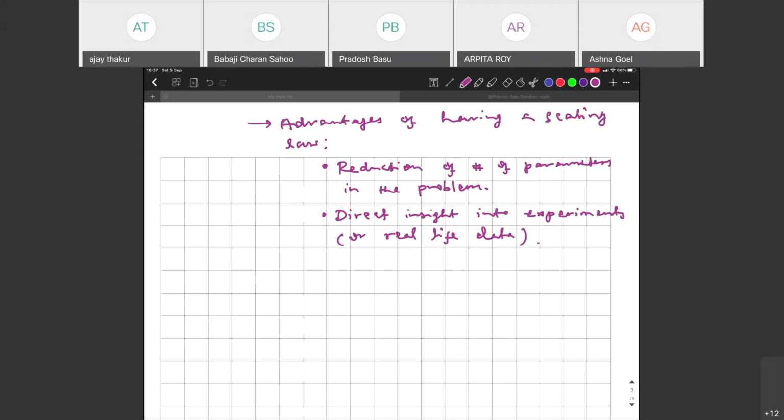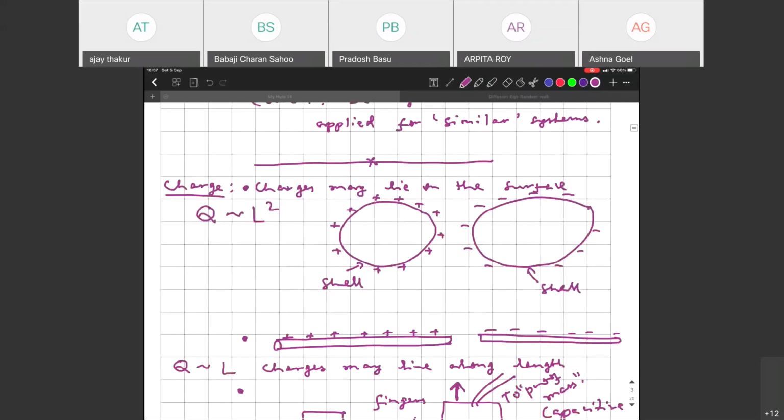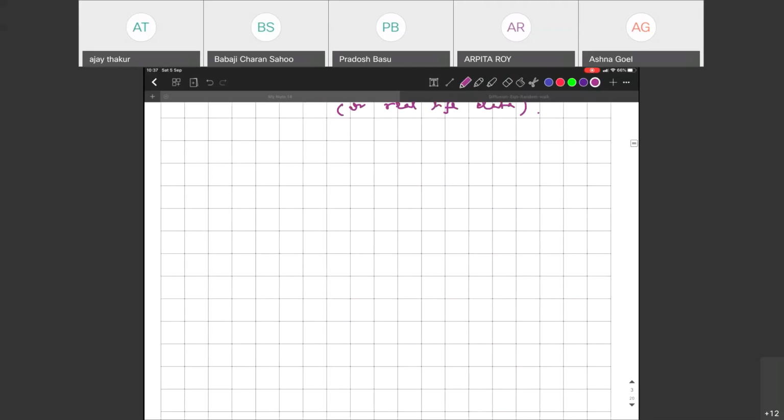So now, again, you will have to see what kind of a surface, what kind of a physical scenario you are considering. So another example.